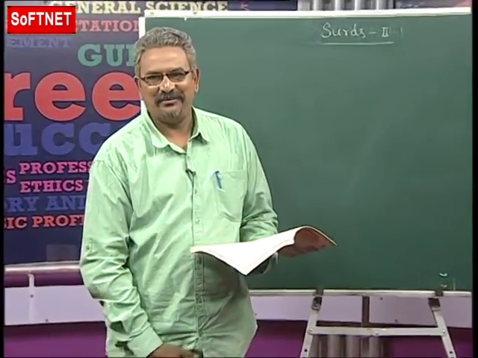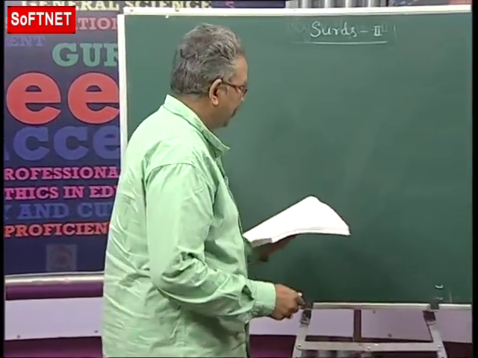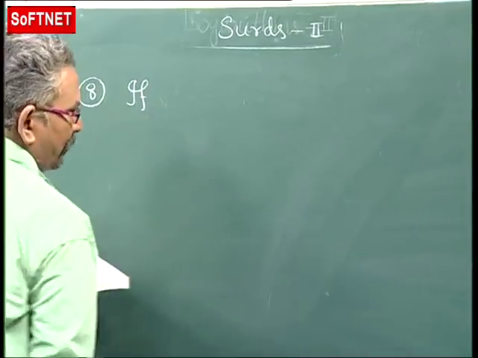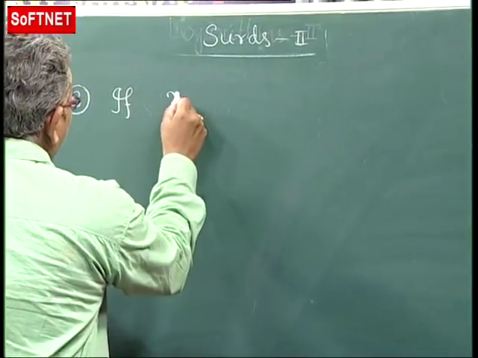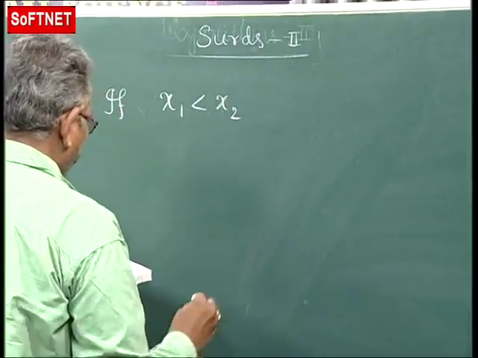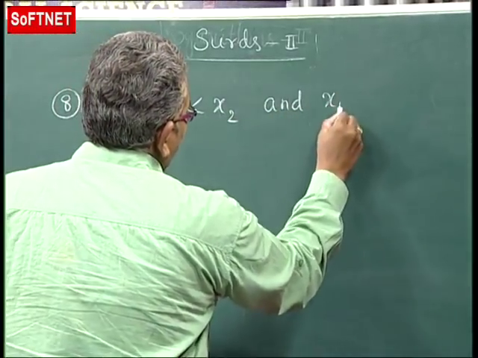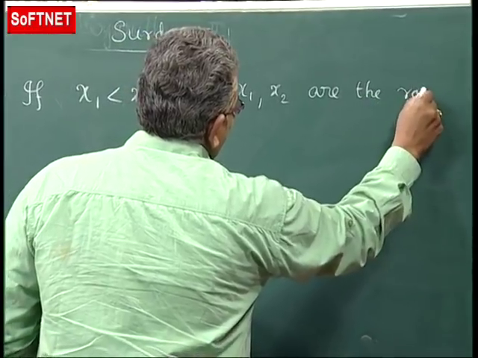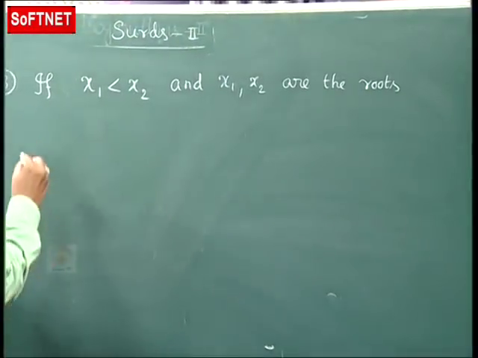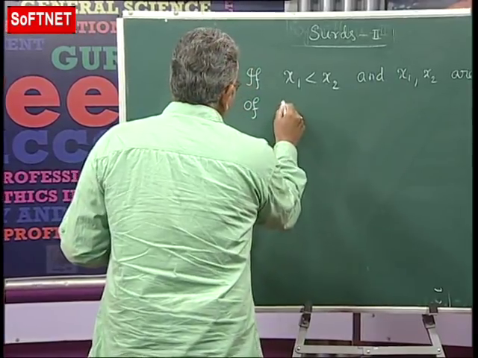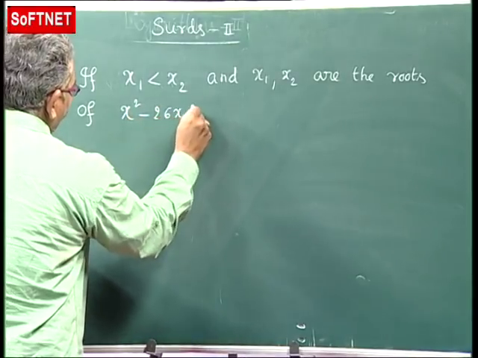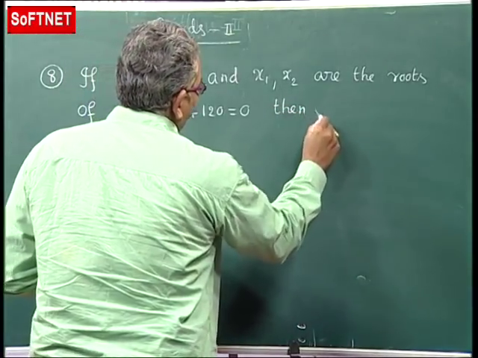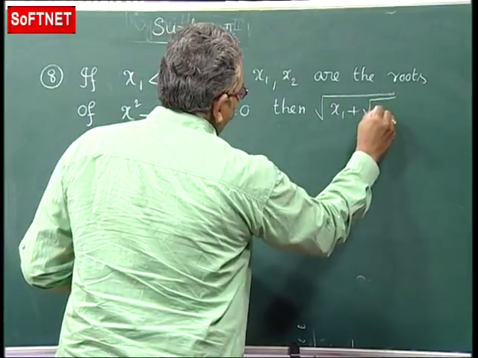So, let us do one application problem. If x1 is less than x2 and x1, x2 are the roots of x square minus 26x plus 120 is equal to 0, then root of x1 plus root of x2.